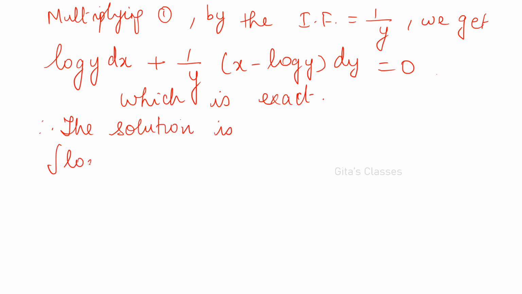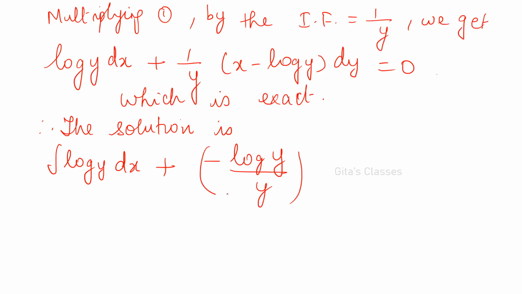integral of log y dx plus minus log y. Here the first term contains x, so don't consider it, only the second term. So, minus log y by y, integral of it into dy, is equal to c. Here you have to treat y as a constant. Therefore, when you integrate with respect to x, log y is a constant.